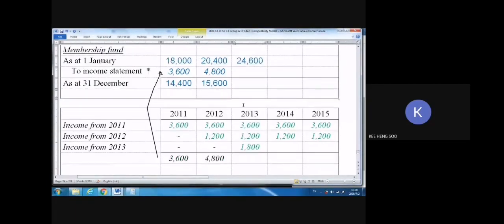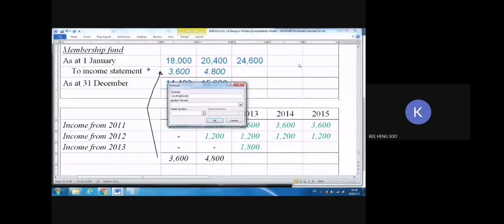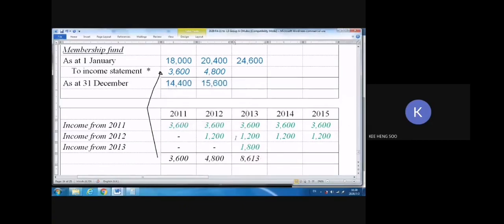Yes, correct. So this one add up together. Sorry, this one should be 6,600. So 6,600 should be here. 18,000. Up to here, are you okay?